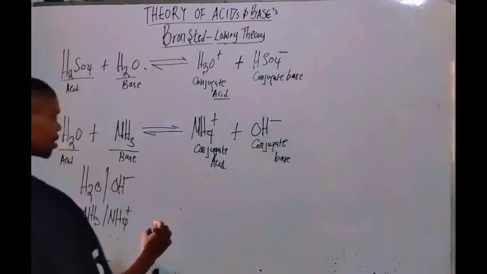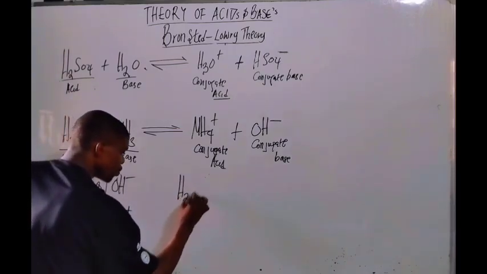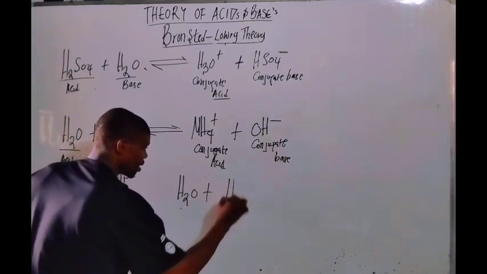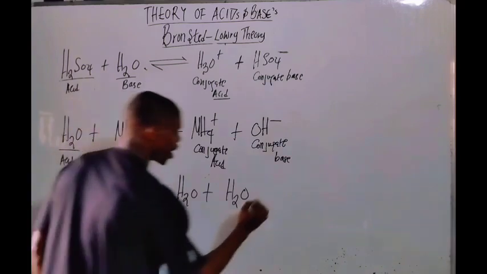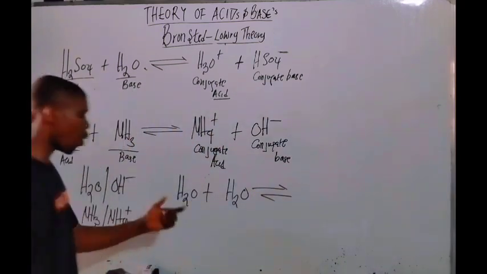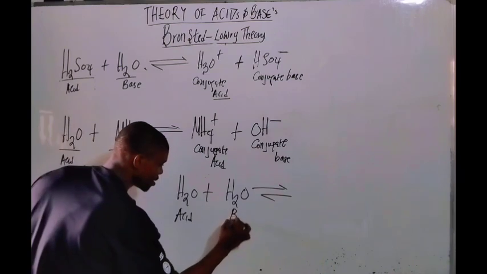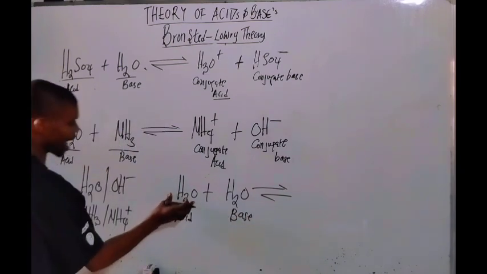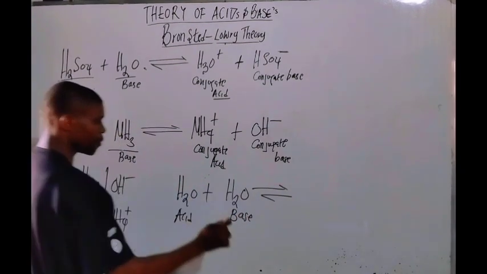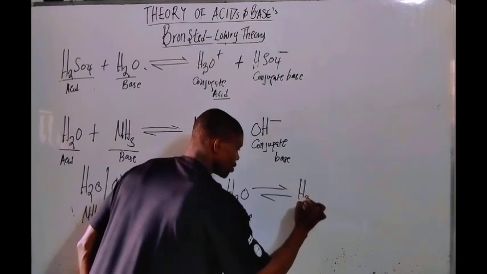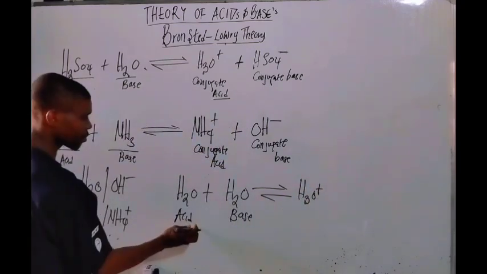So you have H2O plus H2O. It's called auto-ionization of water. One will be the acid, one will be the base. Do you see that? Now this guy will donate the proton to this other one to form H3O plus. Can you see that?